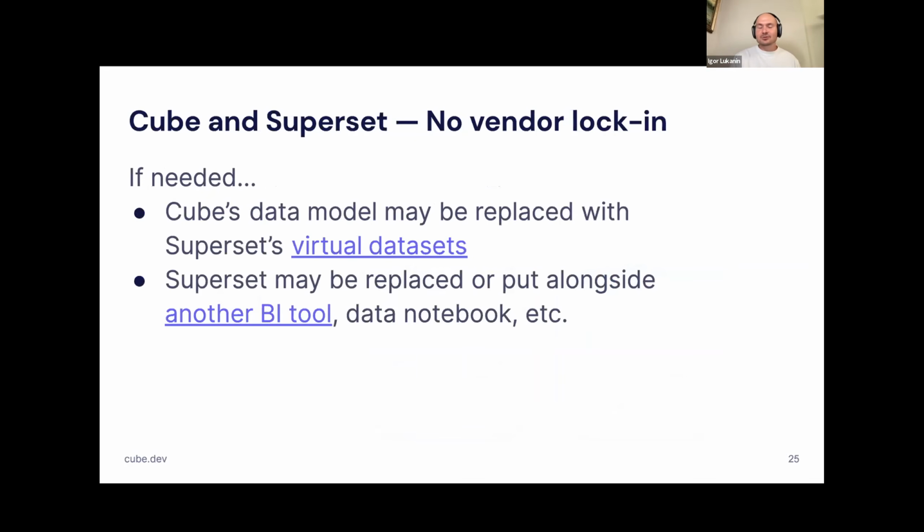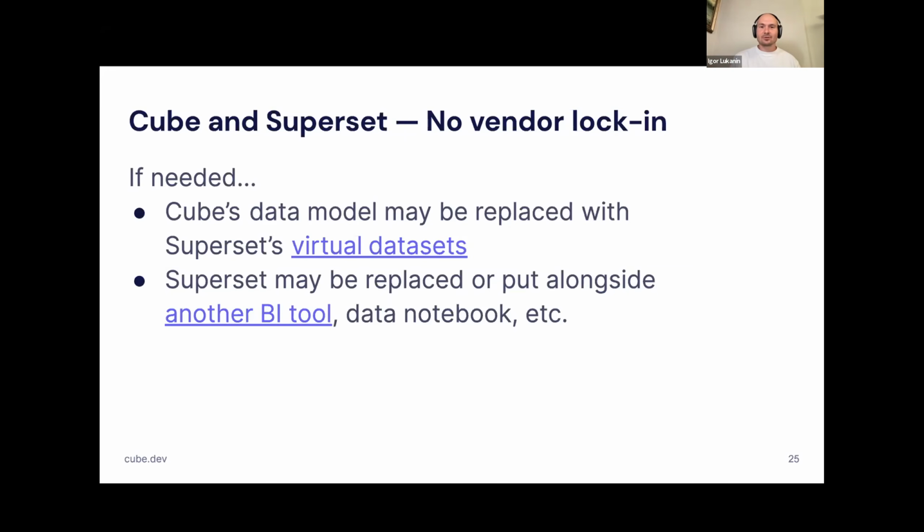This is what you can do if you have a couple of separate tools in your pipeline. And if you want to use not only a BI tool, but maybe a data notebook alongside Superset, or something else like a machine learning pipeline, then you can just leverage the other APIs that Cube provides, and you'll be good with this.